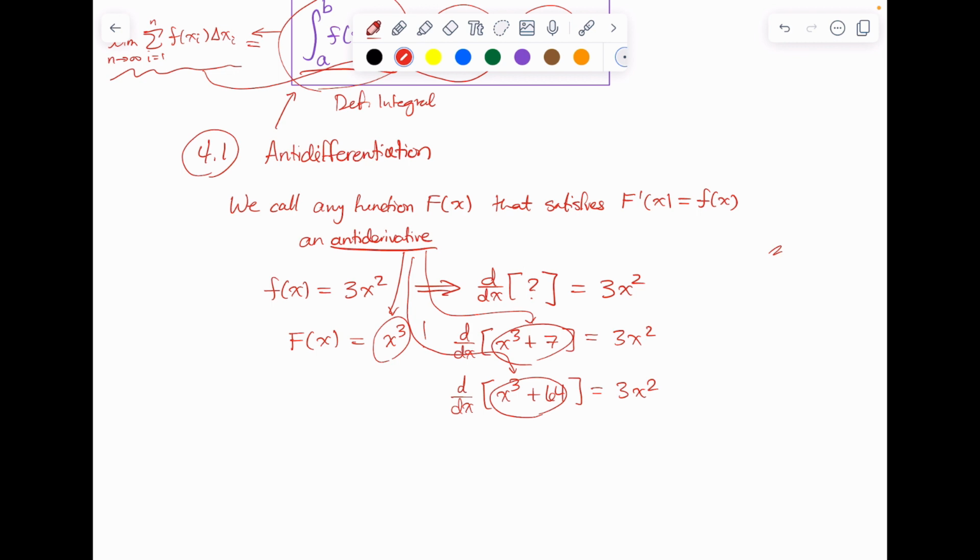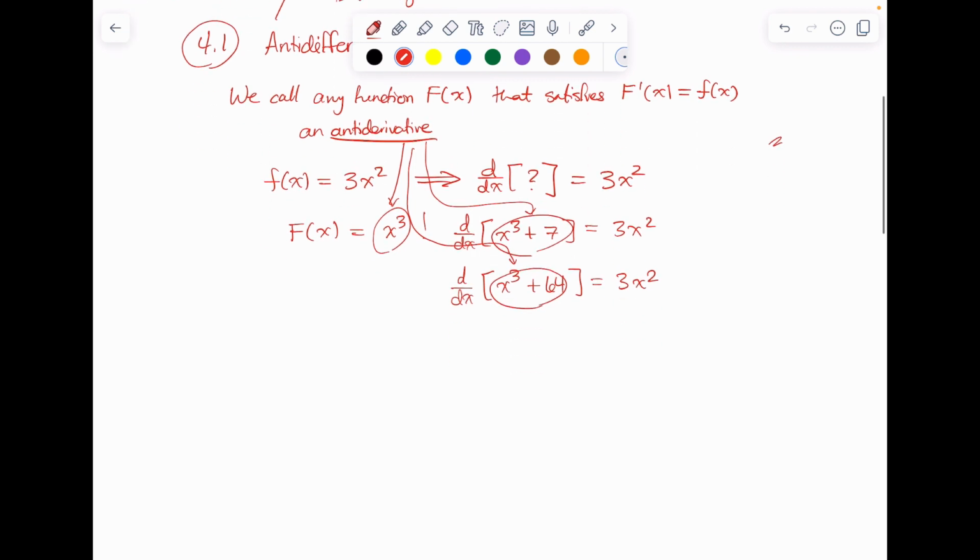So think about this carefully. The derivative of any function is always going to be the same no matter how many times you do it. But the antiderivative of any given function could be one of many functions. So if you think of this using sort of function maps, pictorial ways of showing this: x cubed plus 7, x cubed plus 64, we could even subtract a number.